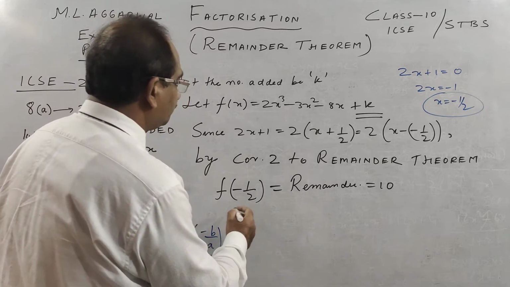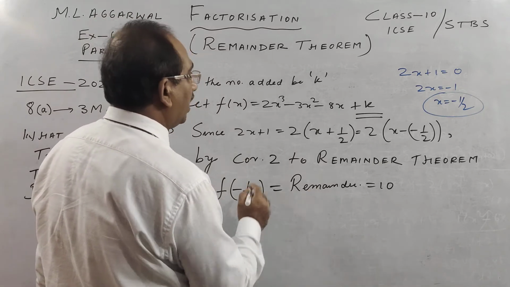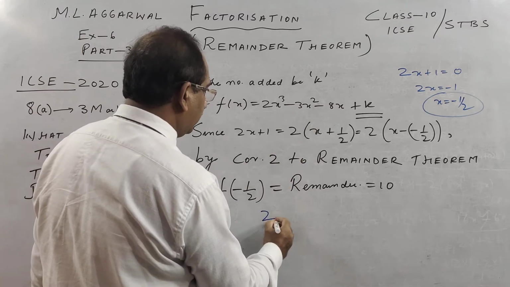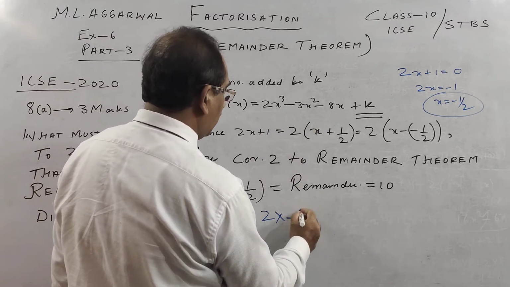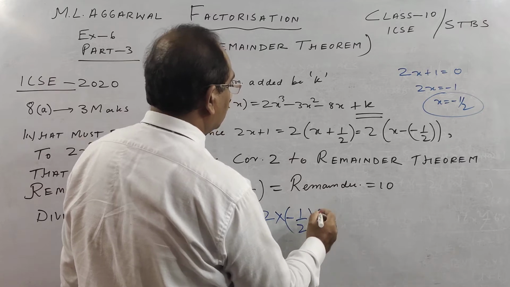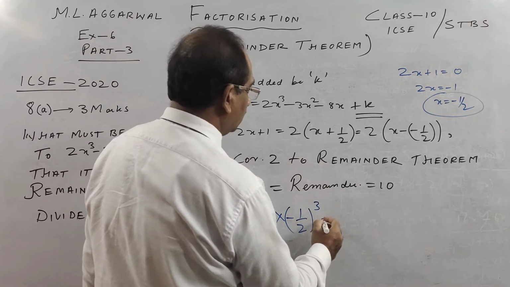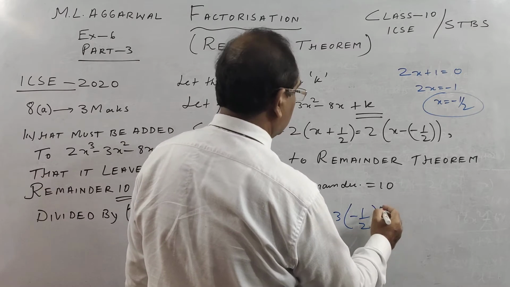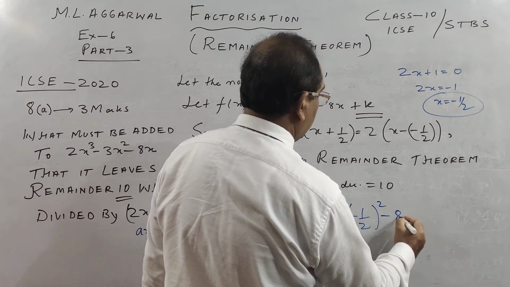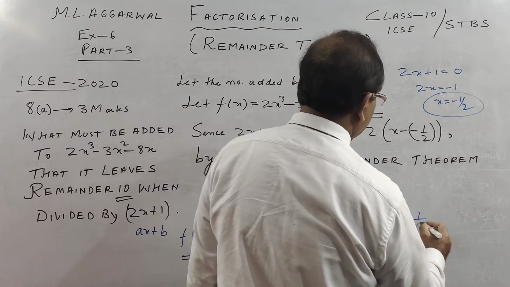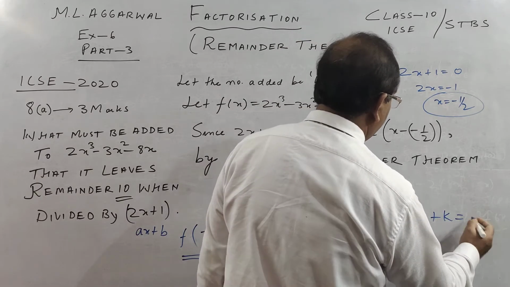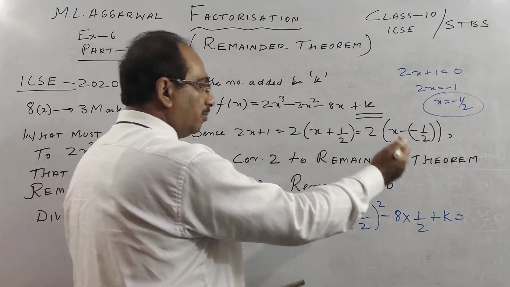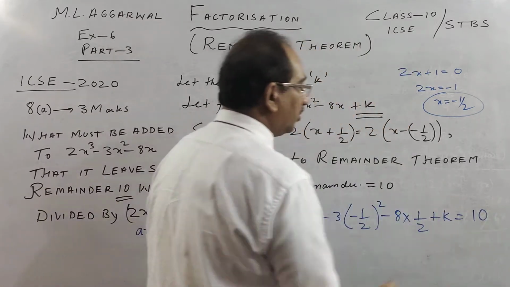So let us start over here. f of minus half. So wherever x is here, children, I will write minus half. 3 into minus half square minus 8 into minus half plus k, and remainder generally we get if k is not there, but since we have to get k and remainder is 10, therefore we put it equal to 10.